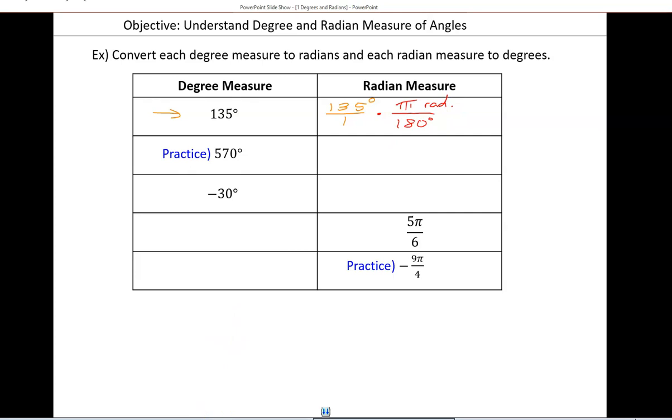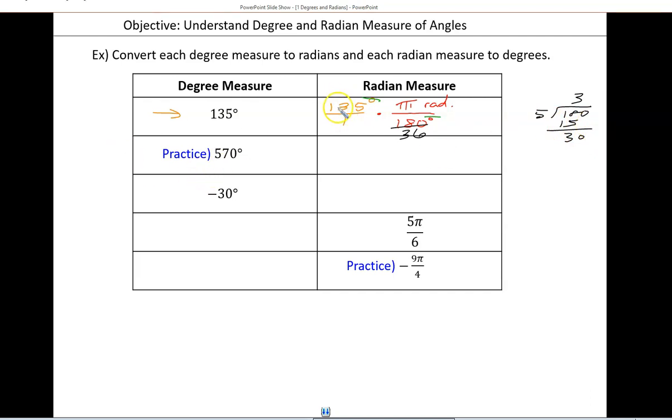So what's going to happen here is our degrees will cancel, and we can reduce 135 and 180 a little bit. I can see a common factor of 5 in there. So division by 5 here is going to give us 36, I think. Doing this without a calculator this morning. Brushing up on my basics. Yep, 36.